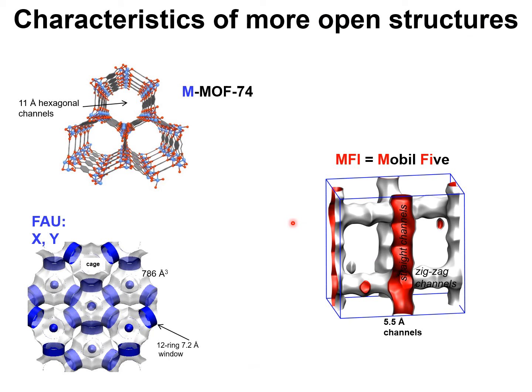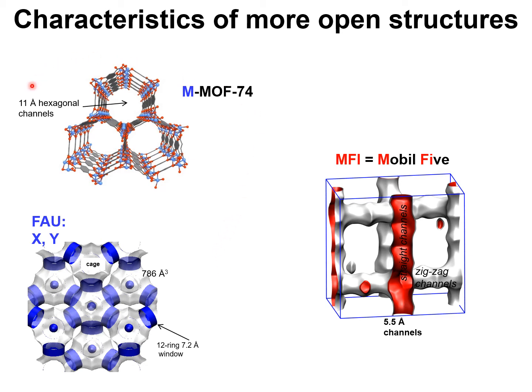We now move on to discuss the permeation characteristics of materials with more open structures with characteristic dimensions that are larger than about 5 angstroms.